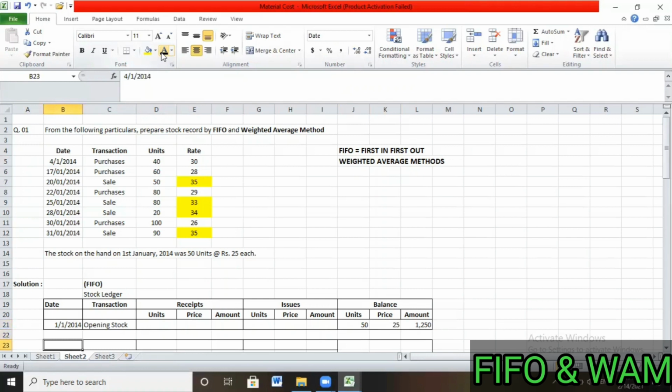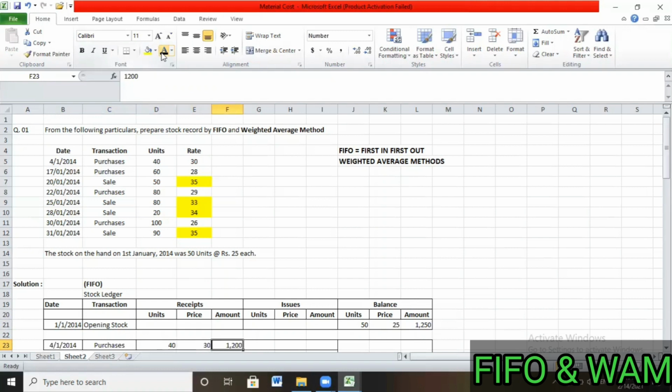Then we follow as per date. I'm leaving one line here just for practice. You need to understand that one line should be left, because multiple transactions will come ahead. The first day, January 1st, is over. Now it's 4th of January. Again a purchase has taken place, of 40 units at the rate of 30 each.